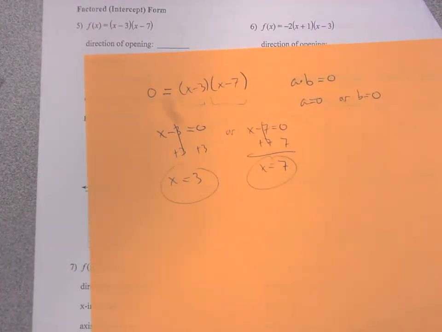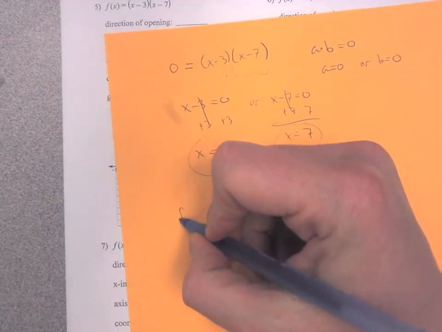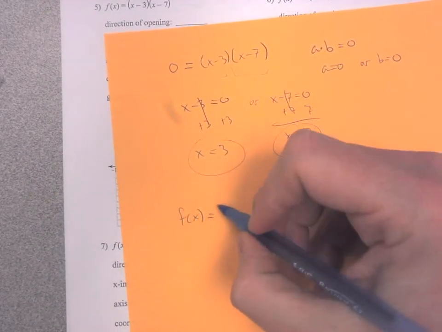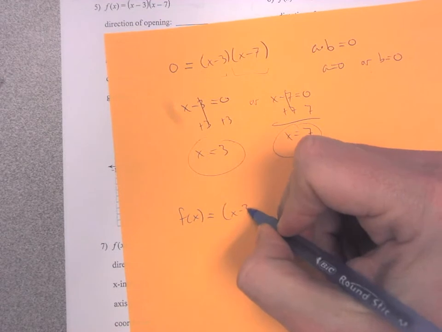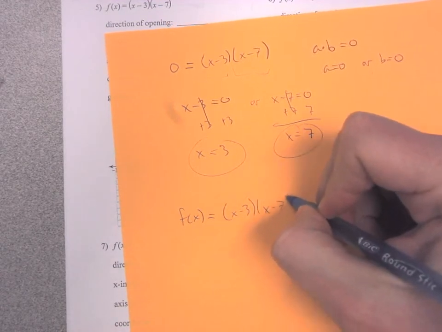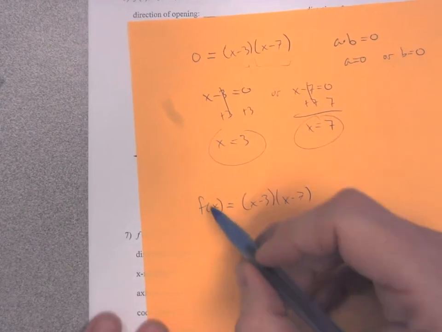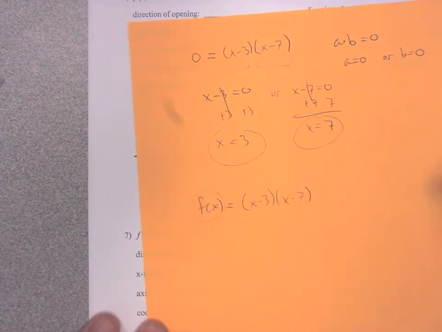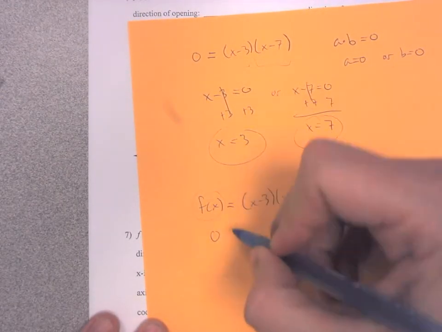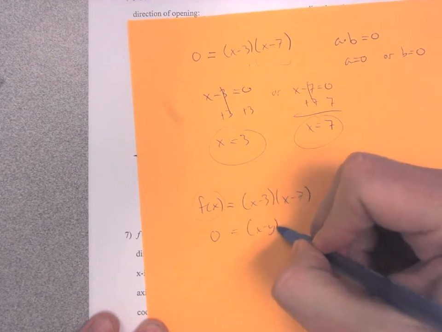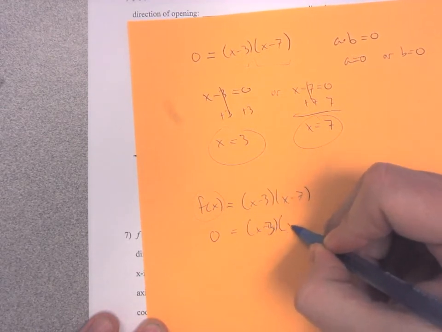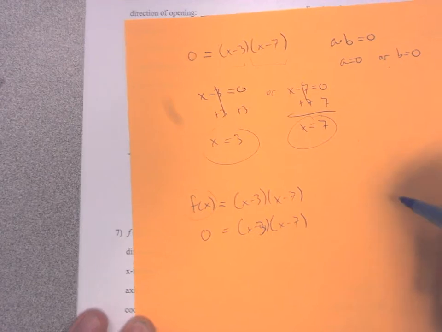Now let's think about this from a graph perspective. Okay, if I have f of x equals x minus 3 times x minus 7, right? Now we have a function. What does it mean for that function to have an output of 0? This is basically like your y value, right? So you're basically saying that y is equal to 0.